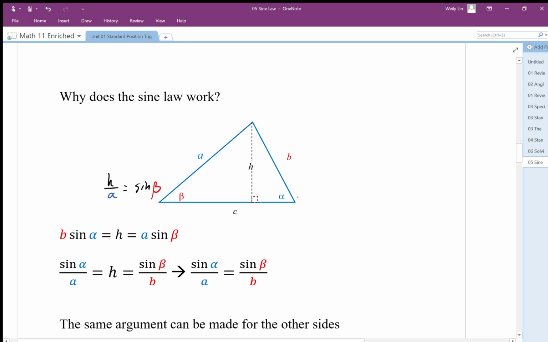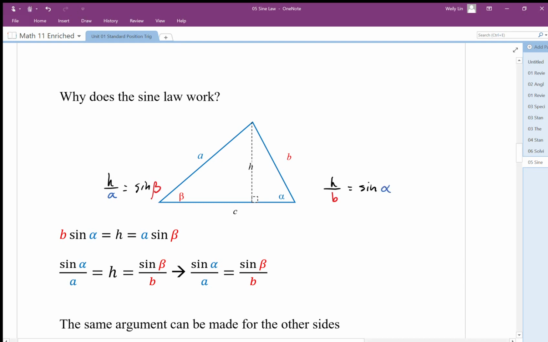And we could do the same thing for the other angle here too. We can just say that B, the length, the hypotenuse here, B times sine A equals the height of this triangle. Or in other words, we can say that the height divided by length B is equal to sine of alpha.